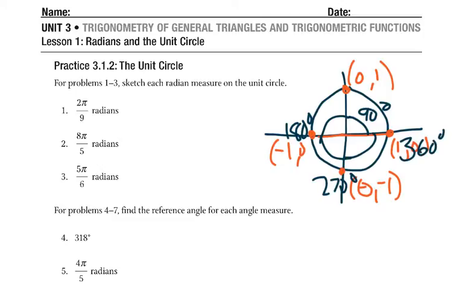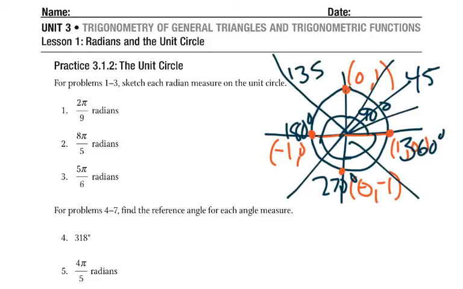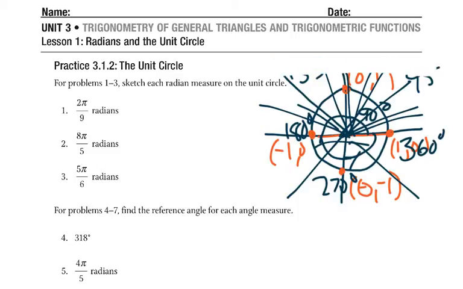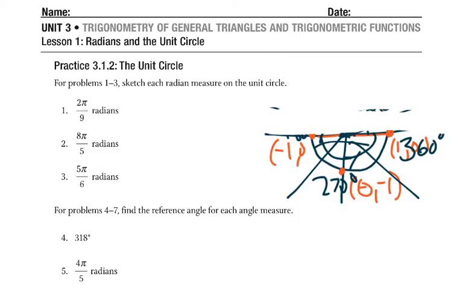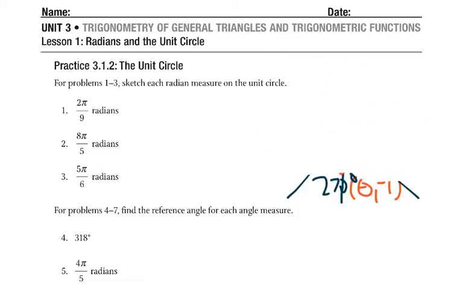And I could keep going around and keep adding those numbers to it. If I cut 90 in half, that would be 45. If I cut this one in half, it ends up being 135, and so on and so forth. And I can cut them into thirds and fourths and fifths, and we would know a lot of those degrees. Well, with radians, it's the same kind of idea, and here's the best way to do it.